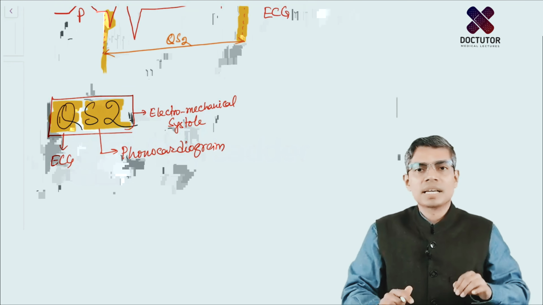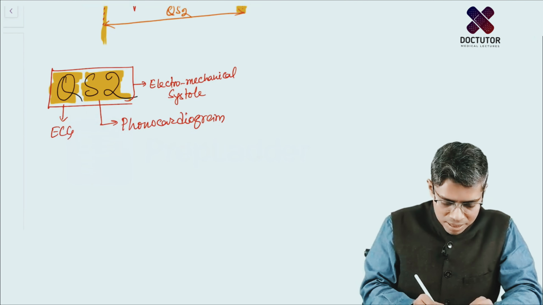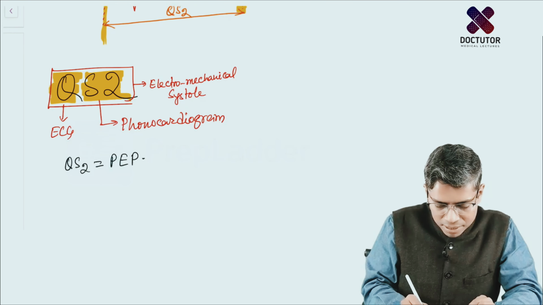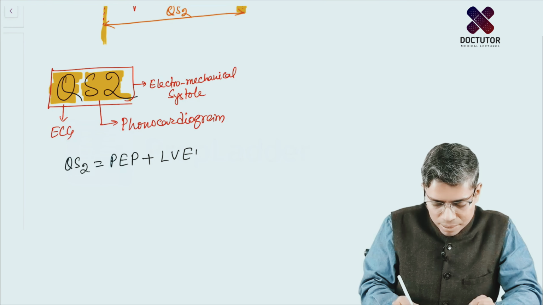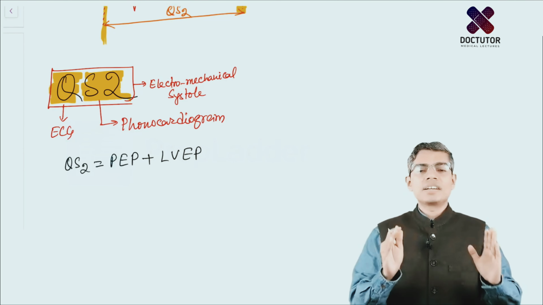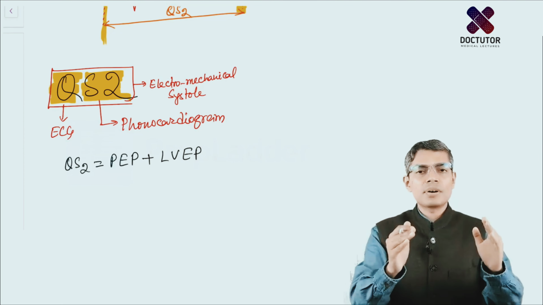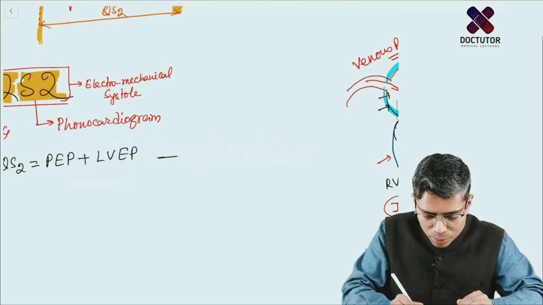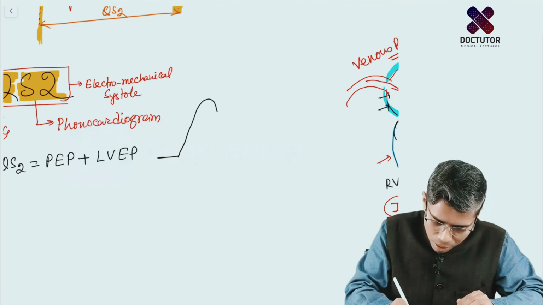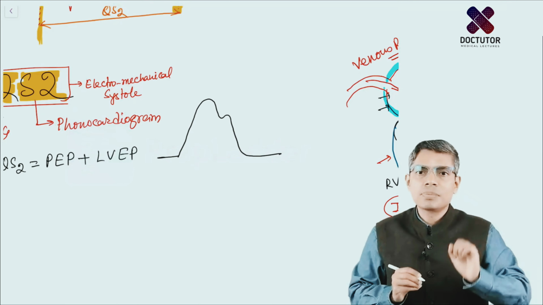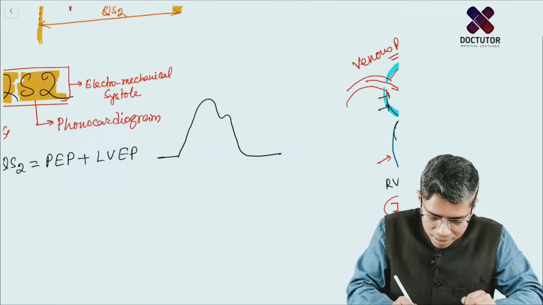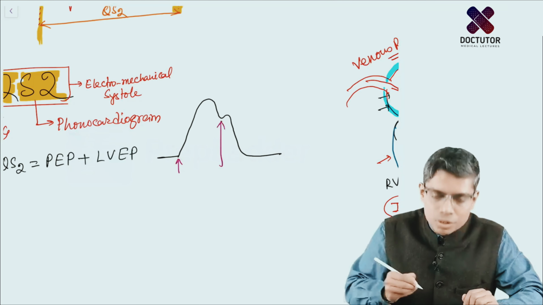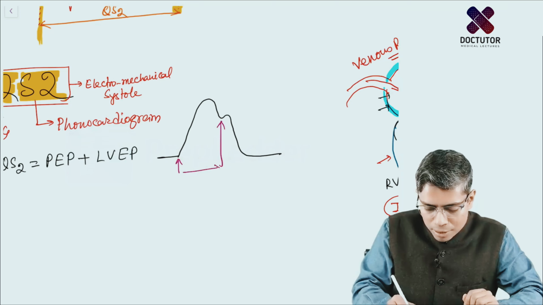Now within this electromechanical systole, you remember that QS2 is equal to two parts: pre-ejection period plus left ventricular ejection period. I will tell you. Left ventricular ejection period, where is the ejection starting and where is the ejection ending? It is very simple. If you look at the aortic pressure curve, how to record the aortic pressure curve? By carotid pressure transducer. I can easily understand that this is the onset point of ejection and this dicrotic notch or the second heart sound is the ending point of ejection.